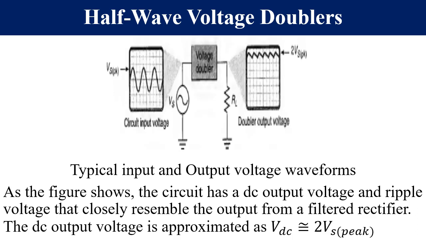The 2 is coming from the fact that the voltage across the capacitor C1 and the supply voltage Vs peak are in series.